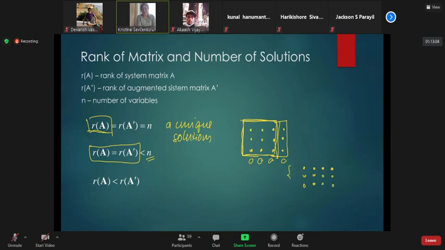For example, this is the rank, and this is the number n of variables, of unknowns. And then we have these extra elements, right? The rank is the same. I'm simply writing the non-zero rows. The rank of both is the same. So solutions exist, but the number of variables is too great. This means we have infinitely many solutions.